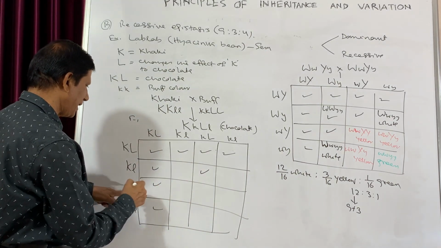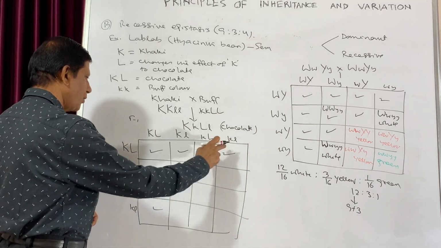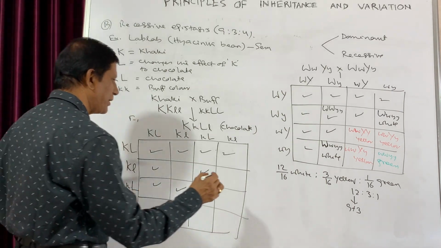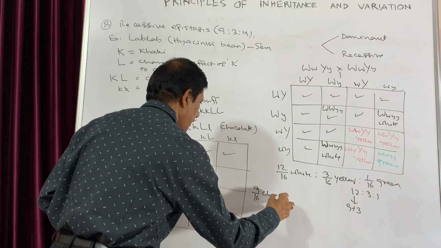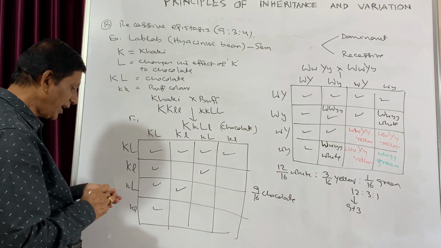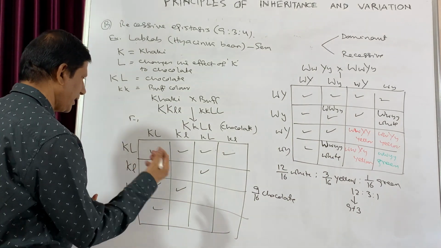Here capital K, here capital L. So that means 1, 2, 3, 4, 5, 6, 7, 8, 9. At these 9 places, 9 by 16 will get chocolate color. Chocolate color.